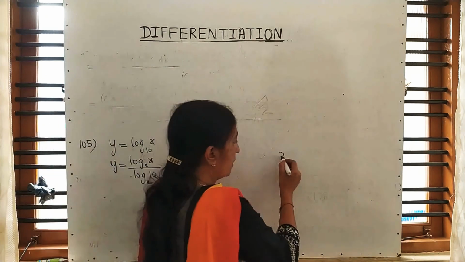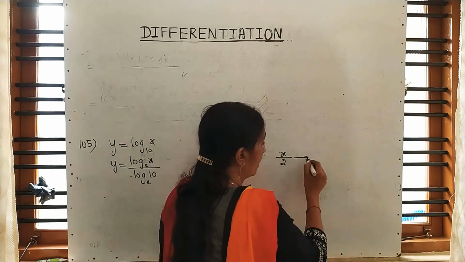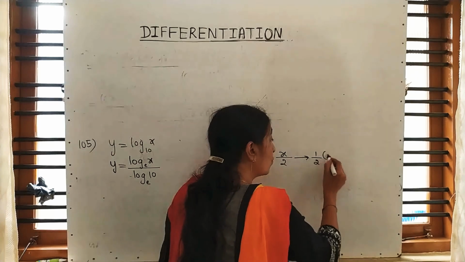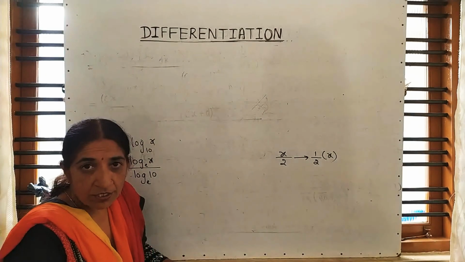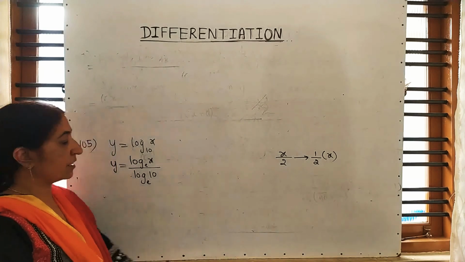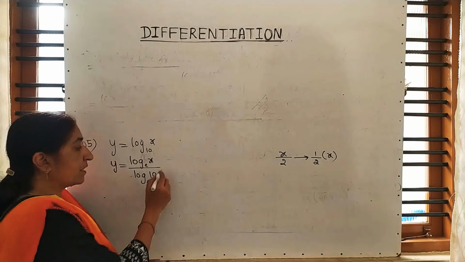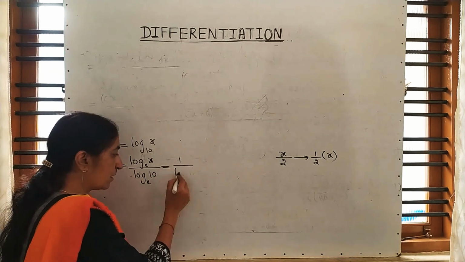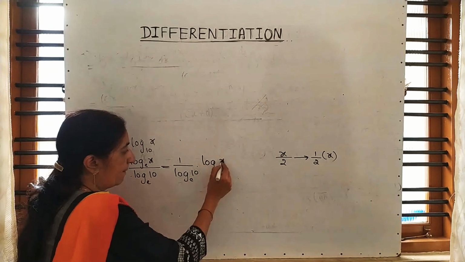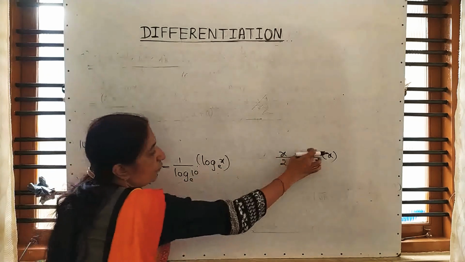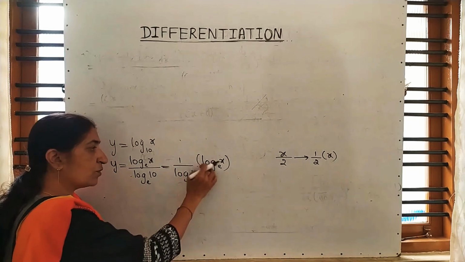Or, see, x by 2 means, are you applying u by v? No, we are writing 1 by 2 into x, because you know that 1 by 2 is a constant, then you are differentiating x. Like that, if you go for u by v, that is also correct, but it takes time. So, can we write like this? See, is it in the form of 1 by 2 into x? That means this part is constant, only differentiate this.